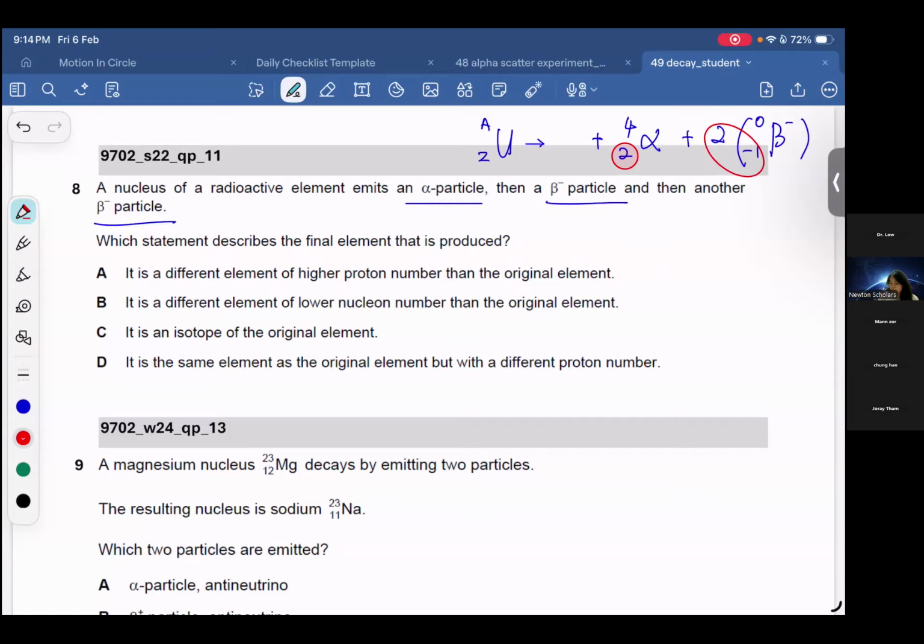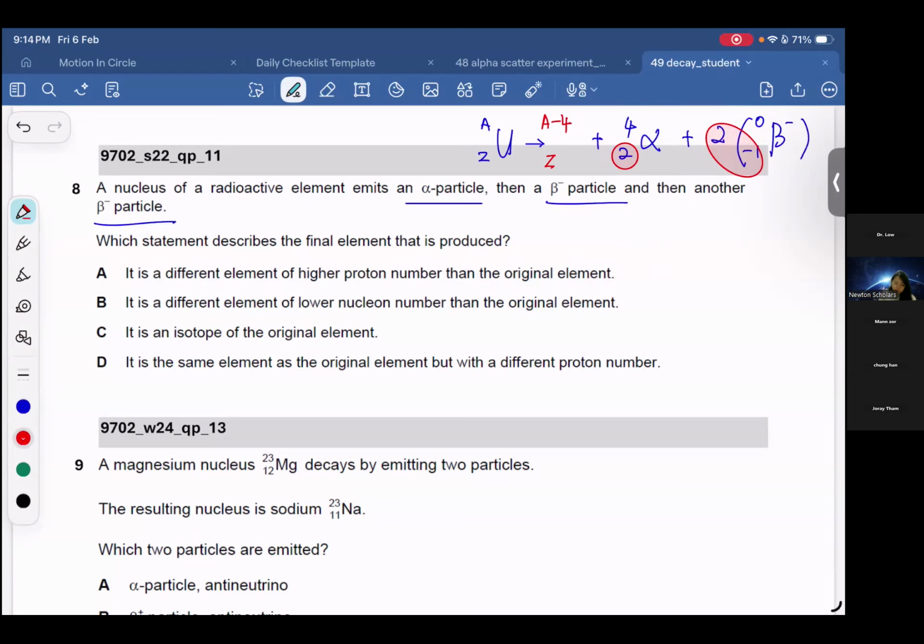So 2 plus negative 2, actually here you can remain at exact. The proton number doesn't change. Okay, then you look at the upper part. A equals unknown plus 4. So this one is 0, so we don't care. That means the upper part here, your A should be minus 4.